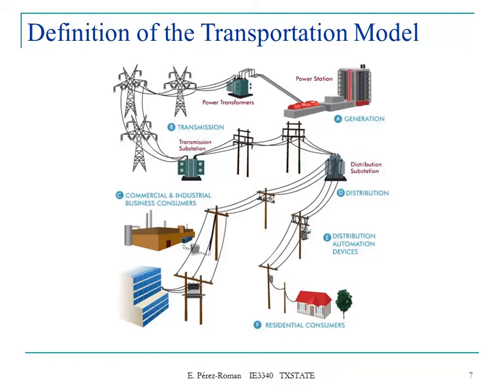Usually when you have a generation plant, you want to supply your electricity to different points in the network, such as residential consumers and commercial industries, and you want to know which generation plant or power station should supply that particular point in the network.